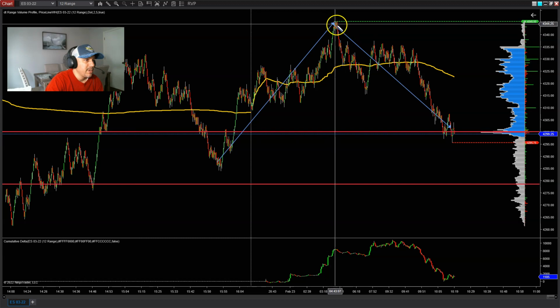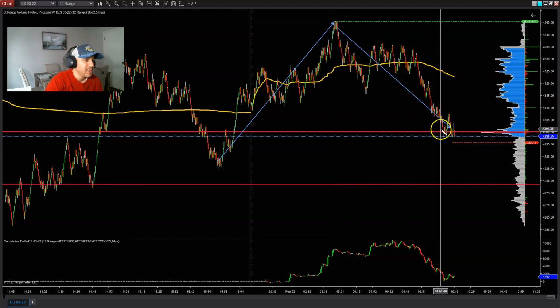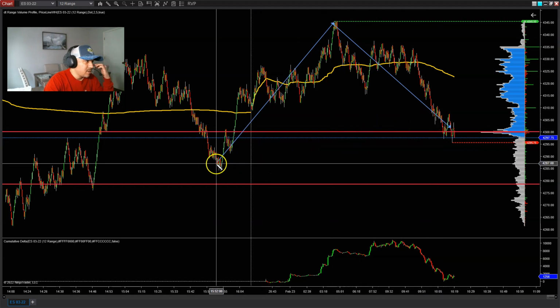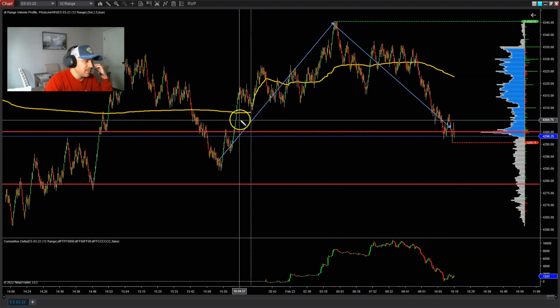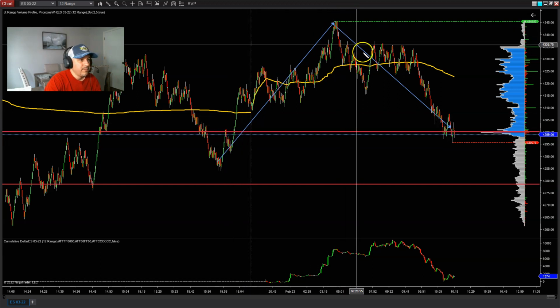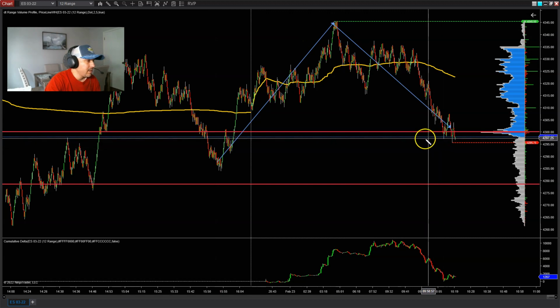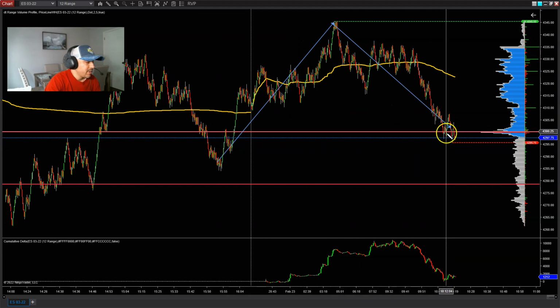It pushed up, and now we have resistance up here, the resistance at the top of the leg coming to the downside. This is what people would talk about as a two-legged pullback. You have the push up here and then the pullback. This is one leg, price pulling back, two leg.